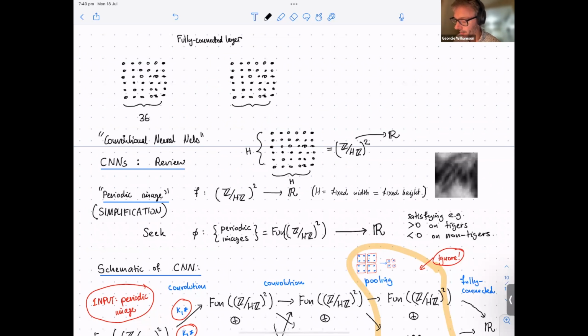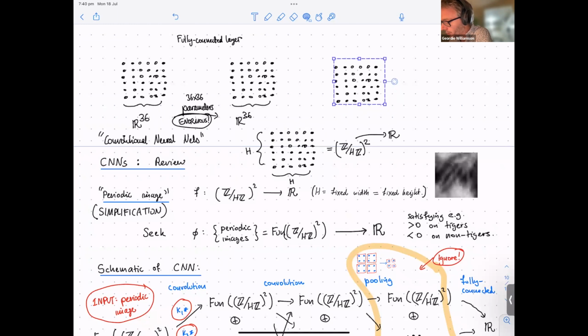Here we have 36 dimensions, and here we have 36 dimensions. And so here we would have R to the 36 times 36. So we'd have 36 times 36 parameters, which is enormous. I mean, not that enormous, but still rather large.